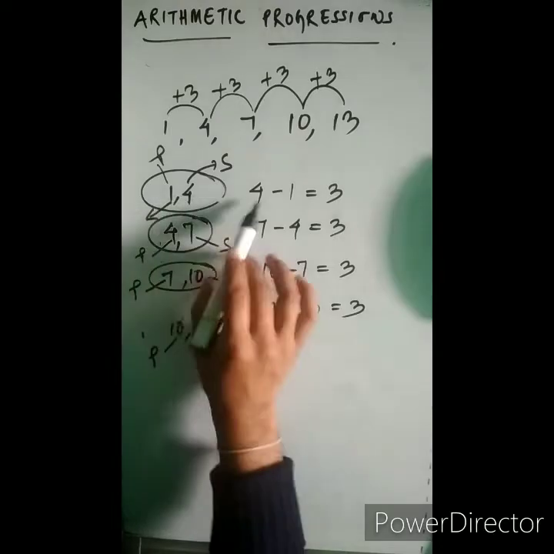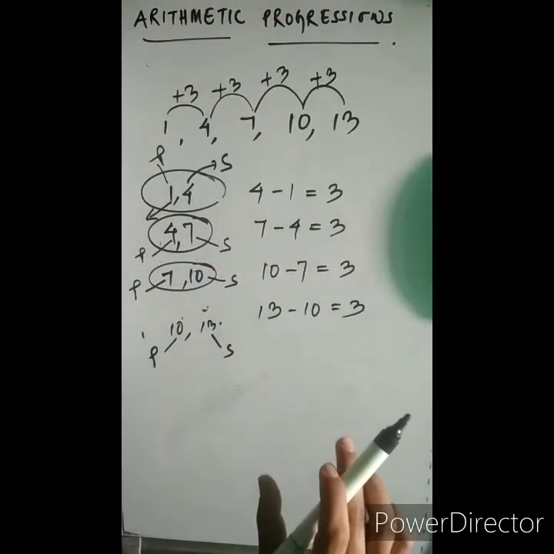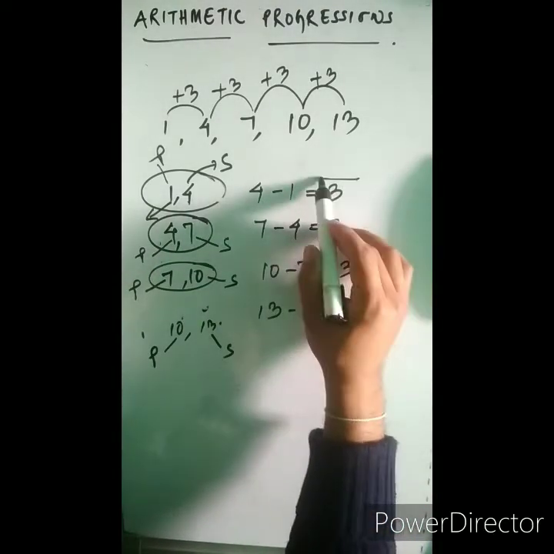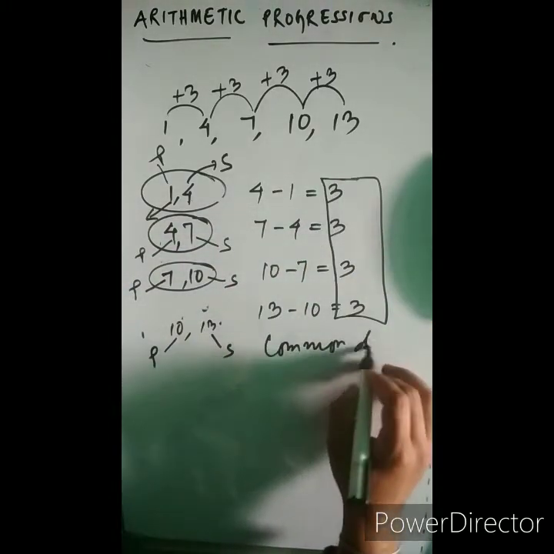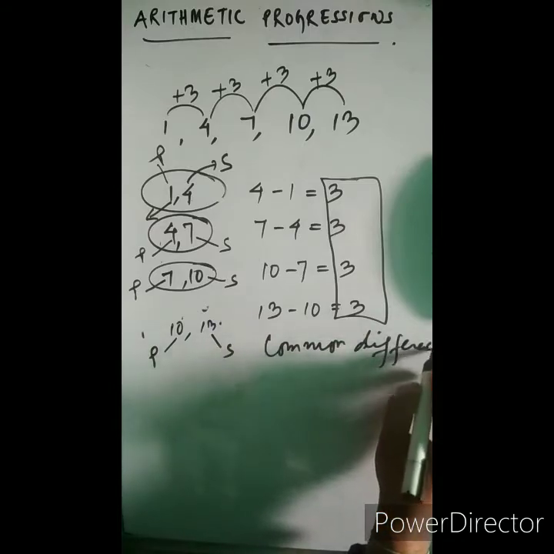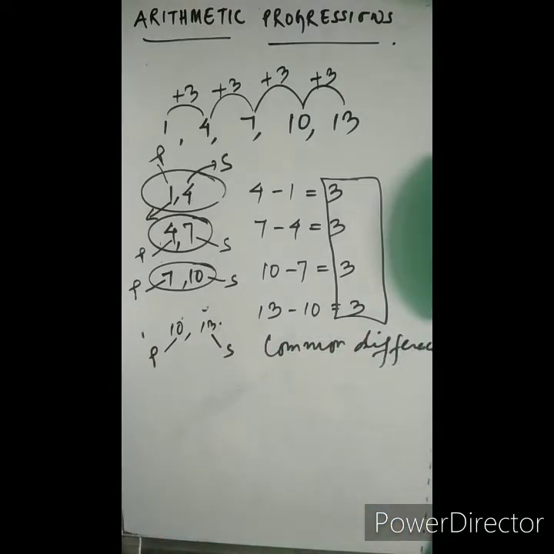So their differences are all the same throughout, and this difference is what you call the common difference. So the sequence where the succeeding term can be obtained by adding a fixed number to the preceding term, except the first term, is what we call an arithmetic progression.